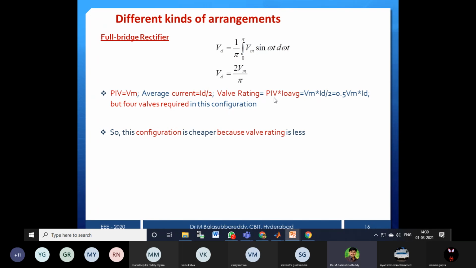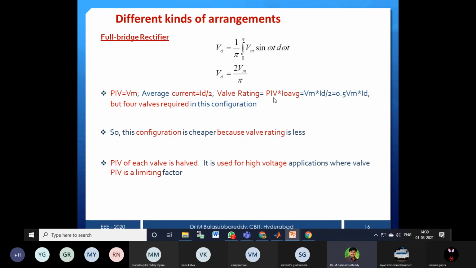So we need to maintain the valve rating greater than the peak inverse voltage, so that it avoids conduction during the reverse bias condition. In this case, we observe it is half compared to the midpoint case. For high voltage applications where the peak inverse voltage is the limiting factor, you can use this type of configuration.